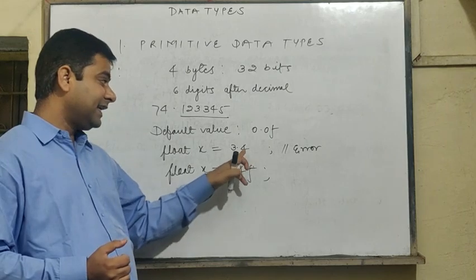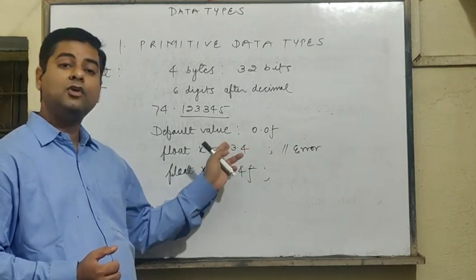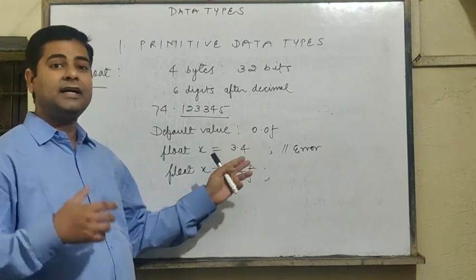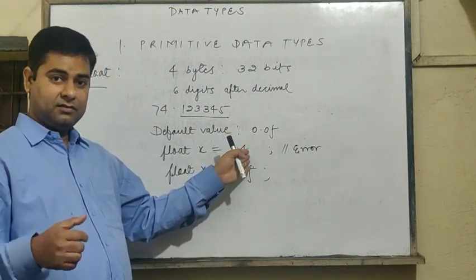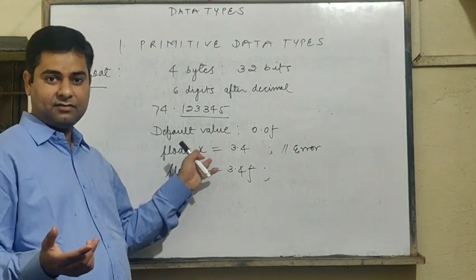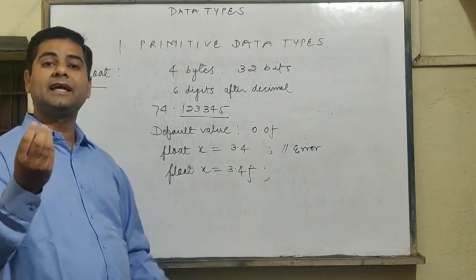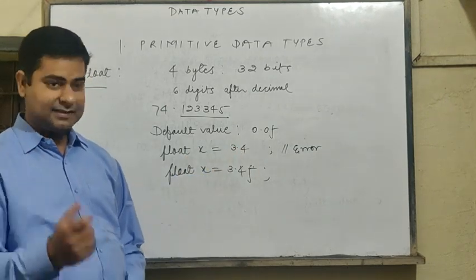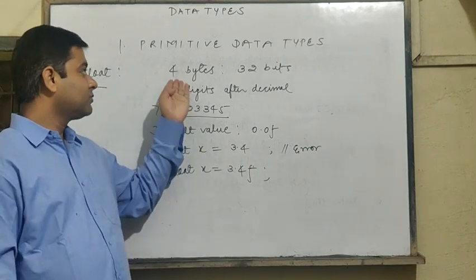So when you are not writing F, this value will become a value of double data type. The double data type assumes 8 bytes of memory. So the size of 3.4 will be taken as 8 bytes, and you are storing it in float x, and float assumes 4 bytes.